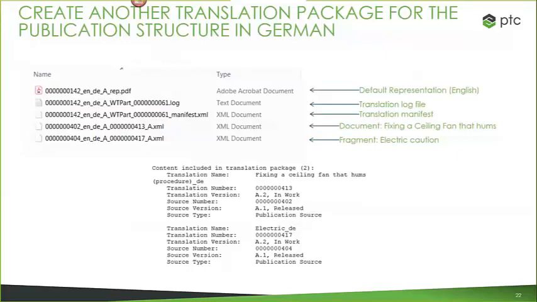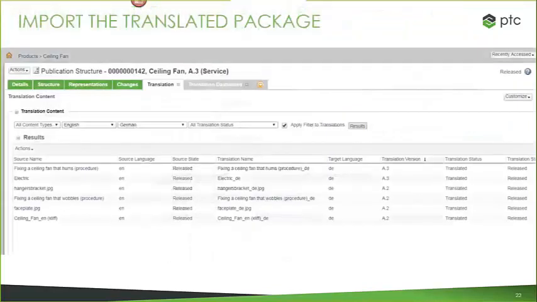Now one thing to mention about the translated content table. Certainly, this is a very small publication structure used for the demo, but the structures can get quite large. And so this slide is showing that you can sort the table using any of these different columns. In this case, it's sorted by the version number.